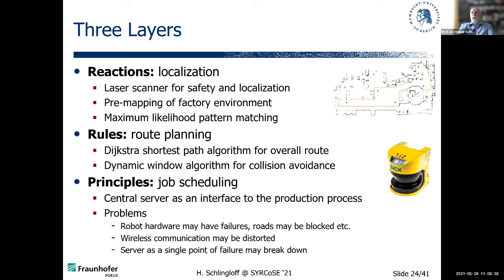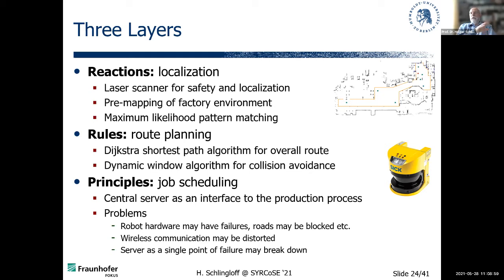And for collision avoidance, this shortest path algorithm is modified, and there's a dynamic window algorithm, it's called. But then we have the layer above the route planning, which is the principles layer, and that deals with how to schedule a job. And currently, there is a central server which does a FIFO scheduling.